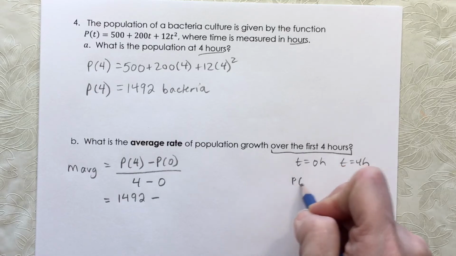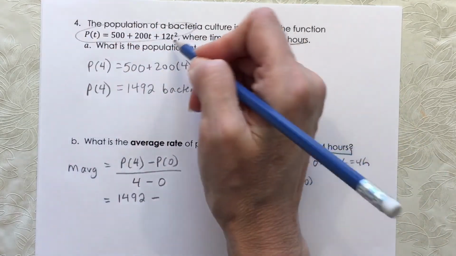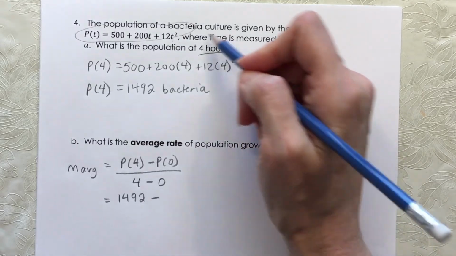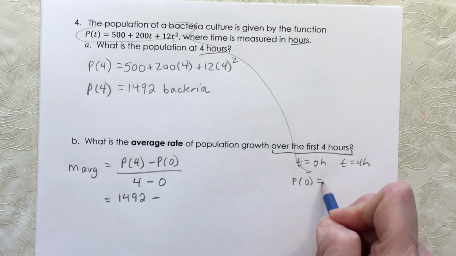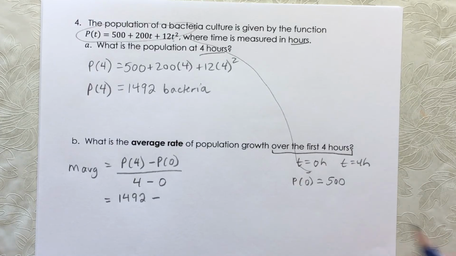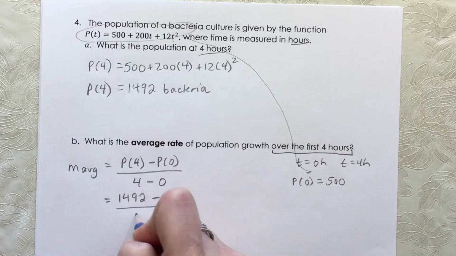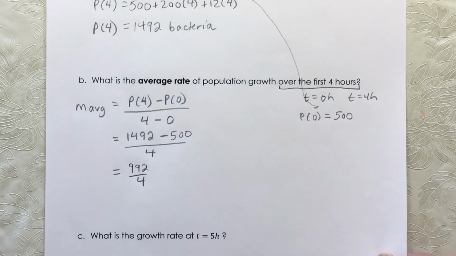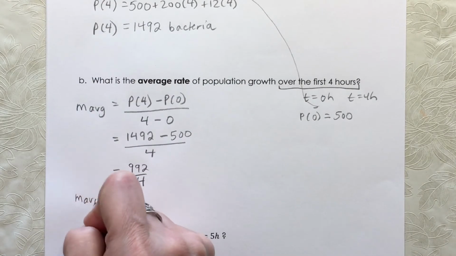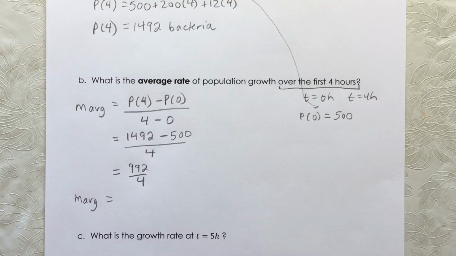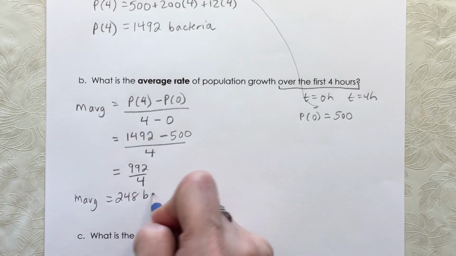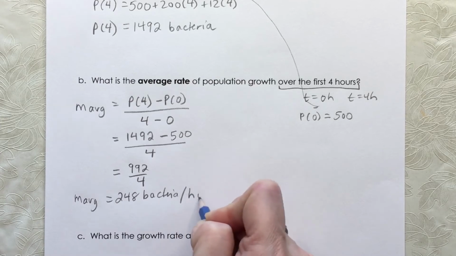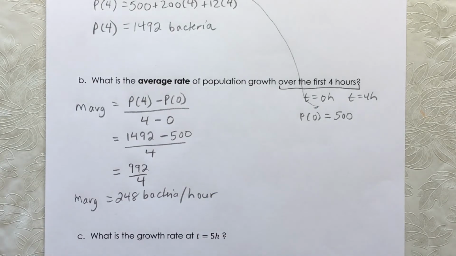P at 0, so if you sub 0 into this equation, you're going to get 500, over 4. So 1,492 minus 500, 992 over 4. So the average rate is going to be 248 bacteria per hour. So there's our average rate.